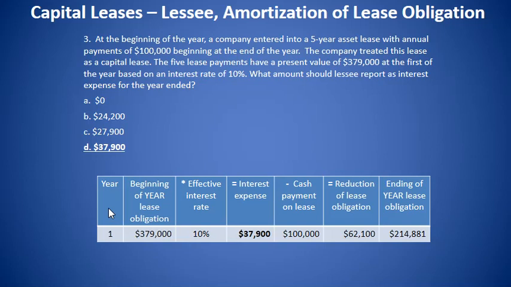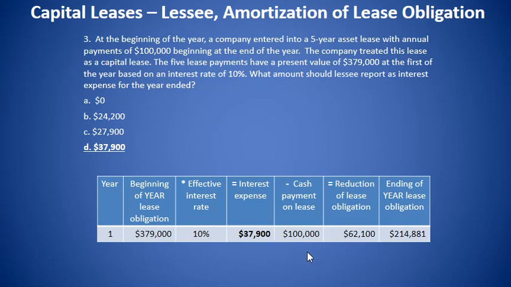So we take a look at year one, and we can set up our interest rate method amortization table. We know our beginning lease obligation was $379,000, and we know our effective interest rate is going to be 10% in this particular case. So our interest expense is going to be $37,900.